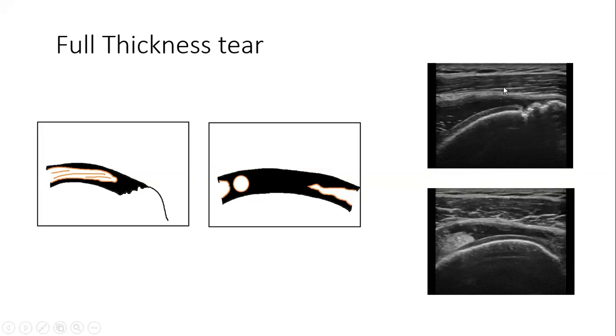Right now it's lifted up because there's fluid here. But over the period, if this bursa becomes thickened and you don't have as much fluid, you can see that this tissue can fill up this defect. So that's when we see bursa herniating into the defect.